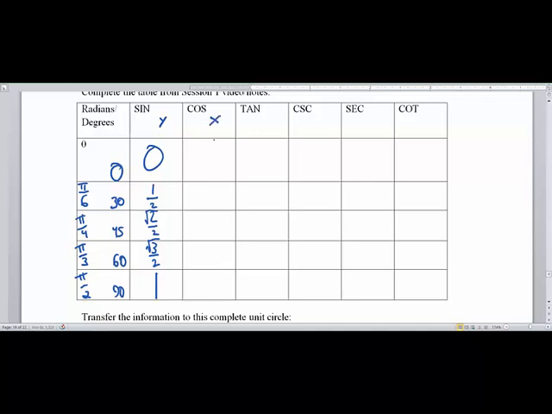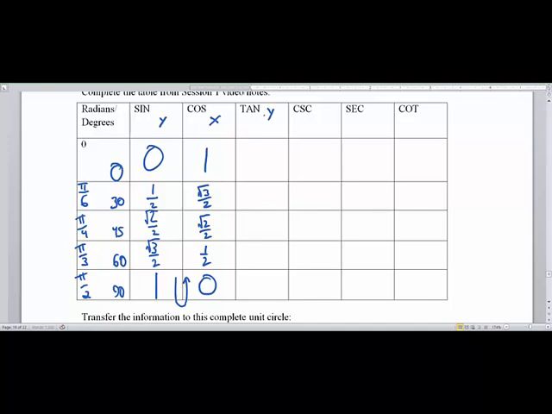The cosine is related to the x variable, thanks to SOHCAHTOA, which is our adjacent over hypotenuse, and the hypotenuse is 1. And if we look down along the sine column, we can go up, starting with 0, and then going 1/2, square root of 2 over 2, square root of 3 over 2, and then 1. So by going down this column and up this column, we've got our sine and cosine.